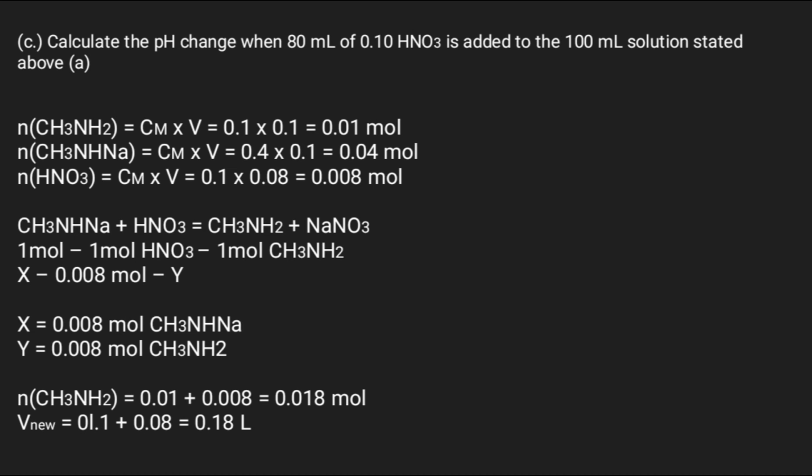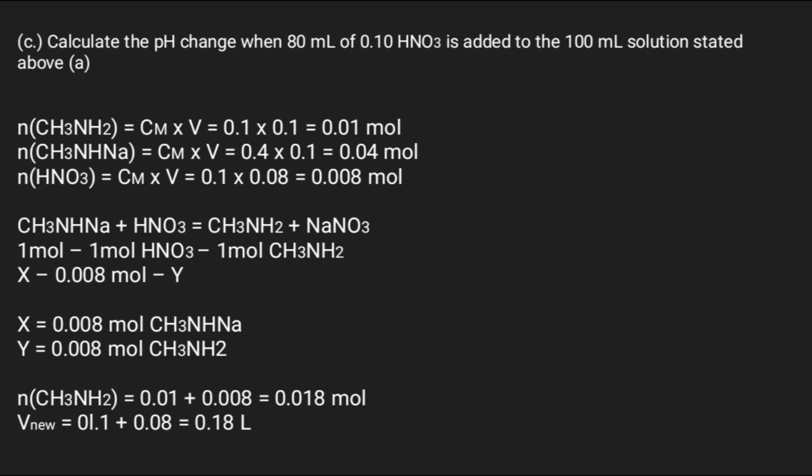Letter C. Calculate the pH change when 80 ml of 0.10 M HNO3 is added to the 100 ml solution stated above. The moles of CH3NH2 is equal to Cm times volume, that is 0.1 times 0.1, is equal to 0.01 mole.